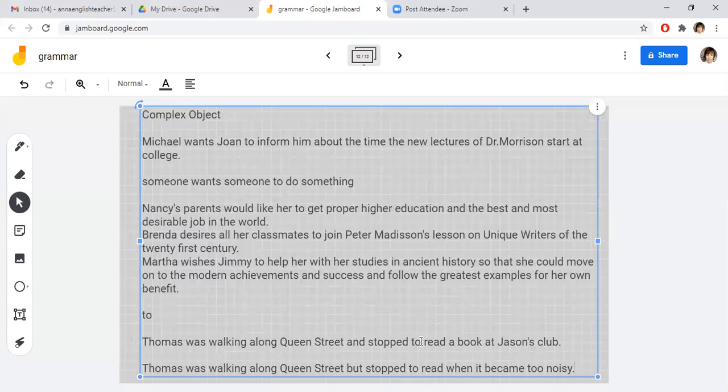Here, the particle to is the purpose. The purpose. And then we see what happens next. Thomas was walking along Queen Street, and as he was already with a book, he was walking and he was reading.